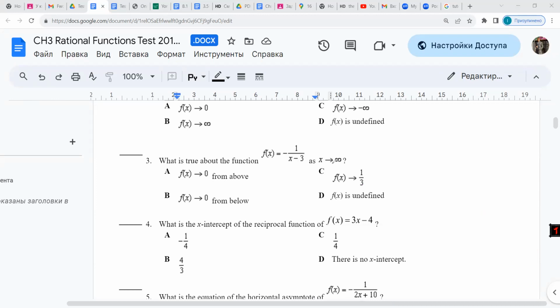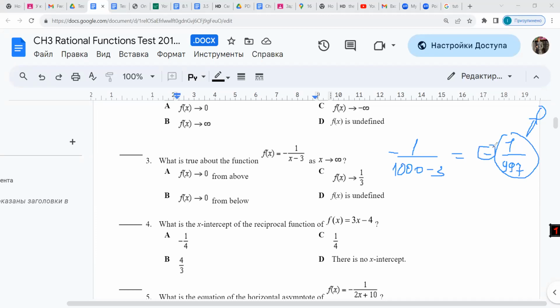Let's see what happens if we substitute for x some huge number. For instance, we're going to have 1 over, let's say, 1000 minus 3. What we're going to see here is that it's 1 divided by 997, which is a fairly big number, and the result is going to be close to 0, right?